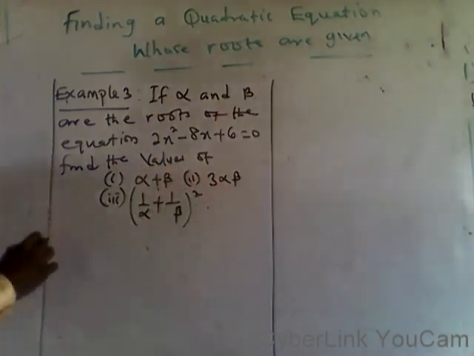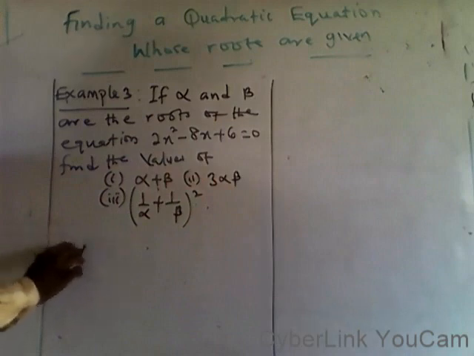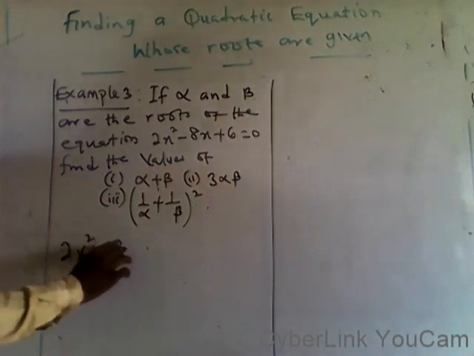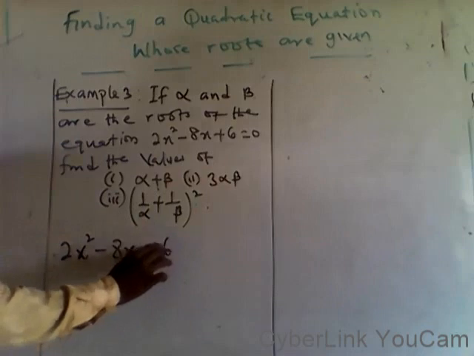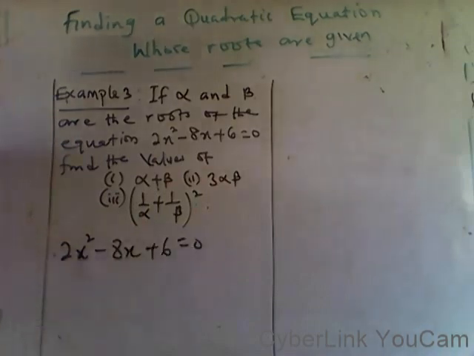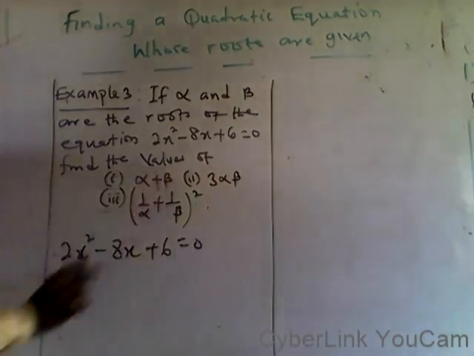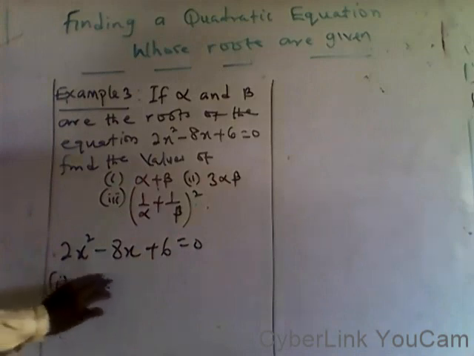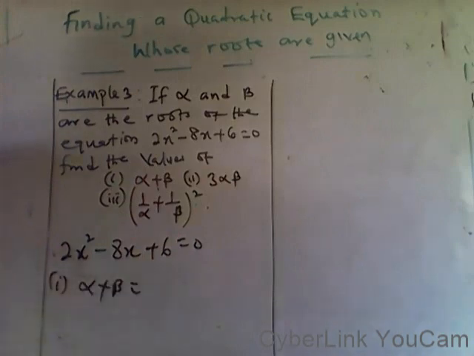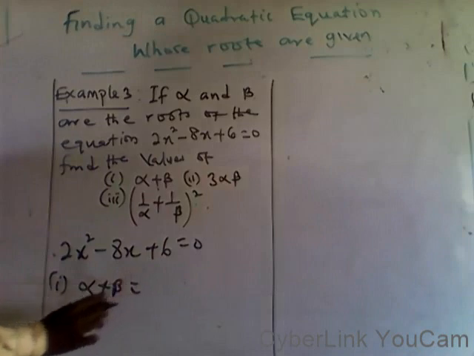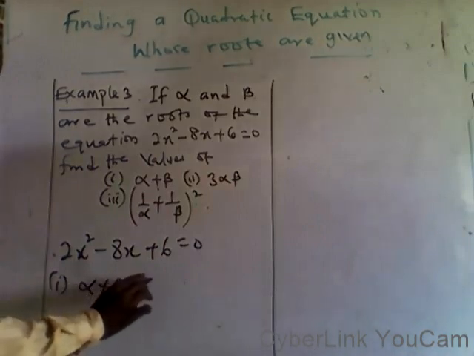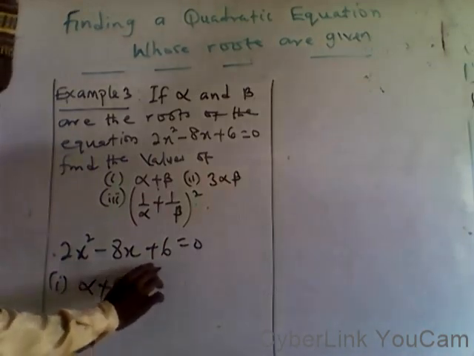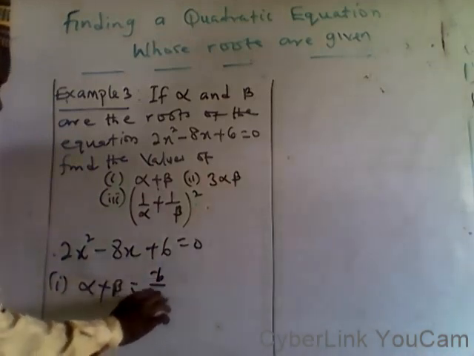So what do you do? It is very simple. The equation is 2x squared minus 8x plus 6 equals 0. If you look at the first question, you have to find the sum of the roots, alpha plus beta. In that case, you are going to have minus b over a.